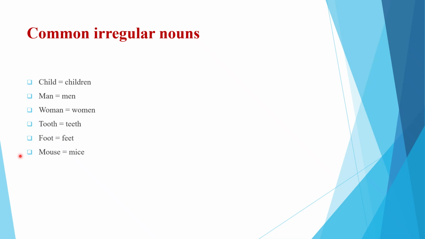You might notice that in some words like man, woman, tooth, foot, we are changing the vowels, but still that is not the rule. Irregular nouns do not have the rule that we can use or we can apply to change the singular nouns into the plural nouns.